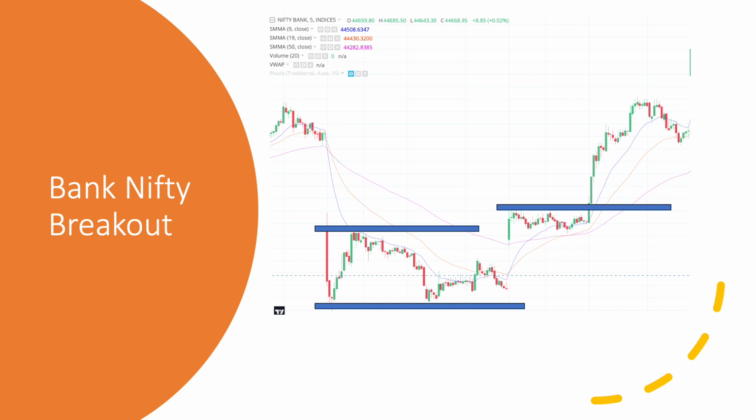Another option is, after the pullback you will get a sudden move, right? Then you can book half of your profit and move your stop loss to the price where you entered. So you already got half of the profit, then put your breakpoint at your entry price. Let's say you entered at 100 and it moved to 125, so you book half of your profit and put your stop loss at 100.